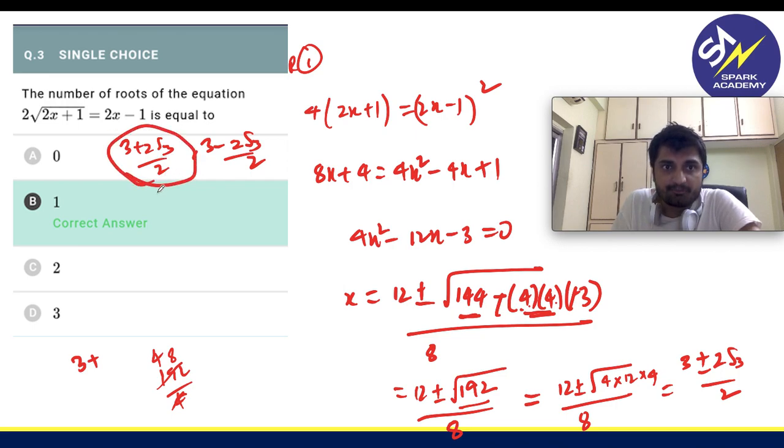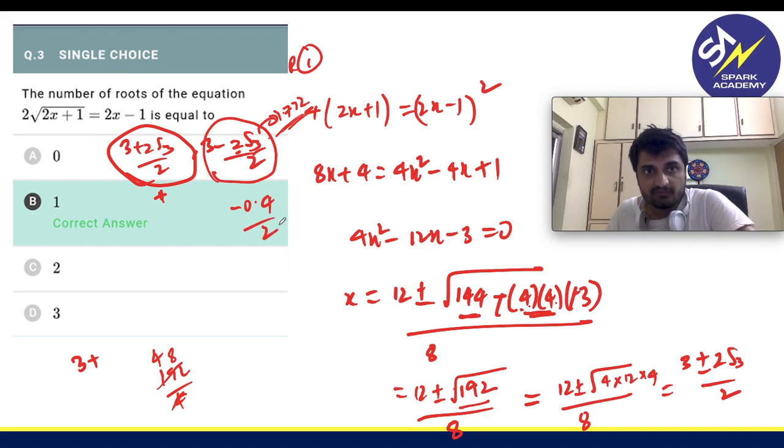What is the value of this approximately? This is positive for sure, so it's fine for me. What about this value? 2 into 1.732 is 3.4, right? 3 minus 3.4 is minus 0.4 by 2, basically. Now look at this.